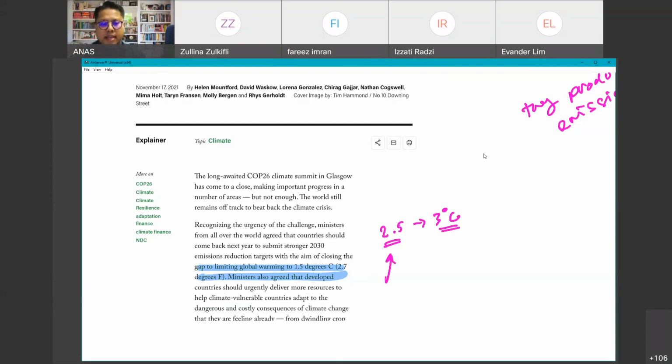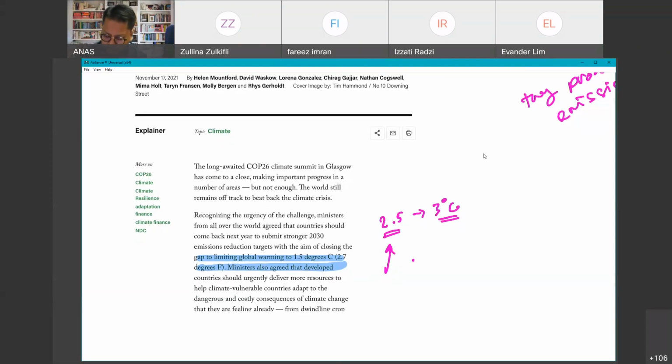So their target is that by 2050, the world produces net zero carbon, meaning that by 2050, all the countries in the world are no longer producing carbon emission, meaning that everything is switched from the conventional fuel.